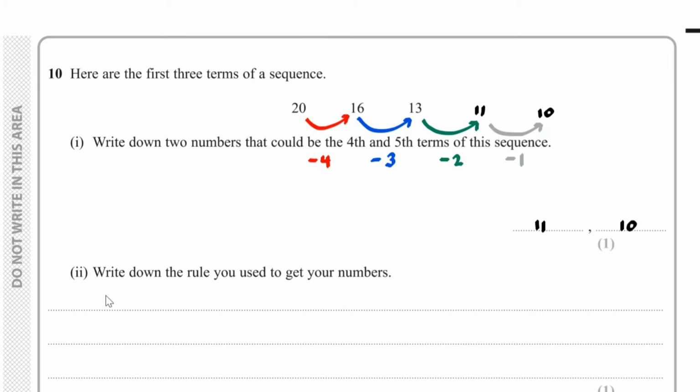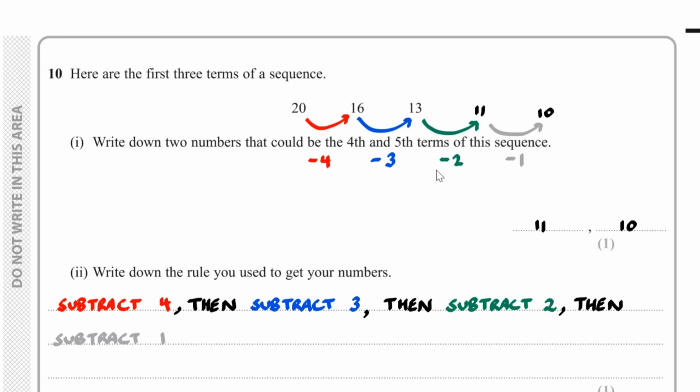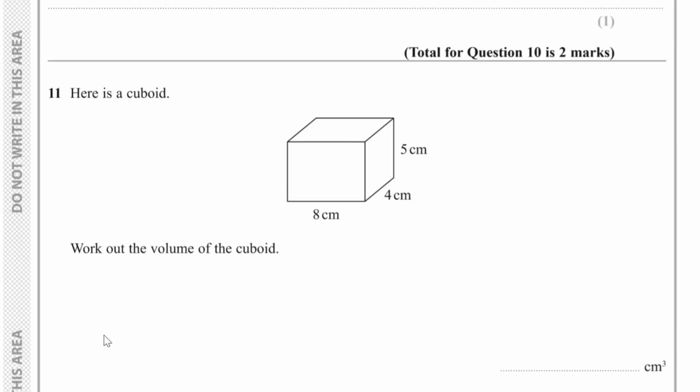So, for the next part, we have to write down the rule that we used. So we can subtract 4, then subtract 3, then subtract 2, and then subtract 1. Question number 11. Here is a cuboid. We have to work out the volume of the cuboid.